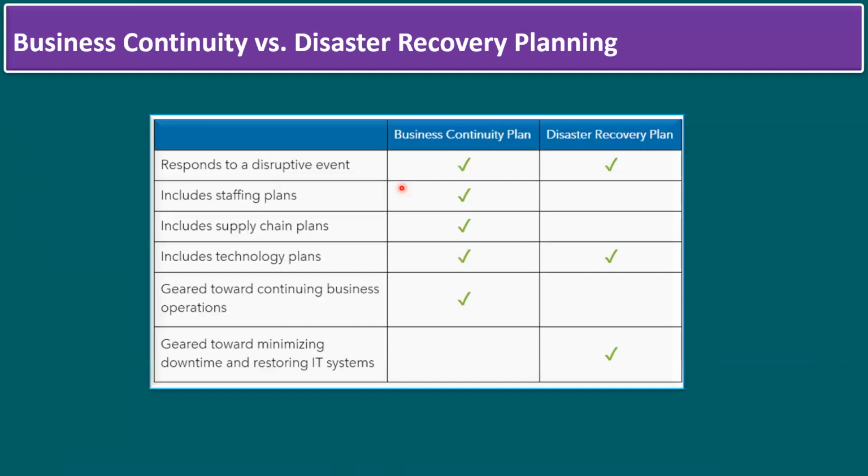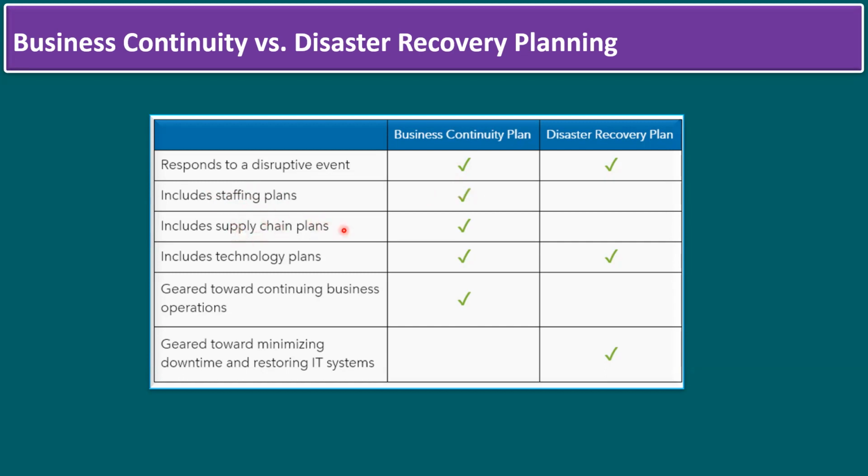Another key difference is that a business continuity plan responds to a destructive event, in case of any outage or natural disaster. Both plans need to be initiated, and include a staffing plan. Staffing plans concern organization employees, so they apply within a business continuity plan: how we move our staff to another site without disturbing our business operations.